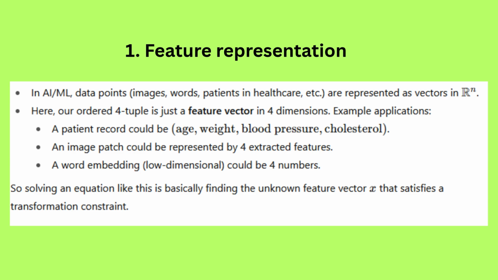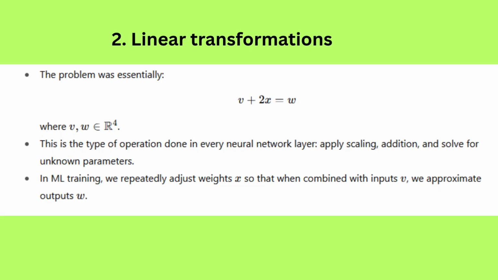So that being said, we also have linear transformations. The problem was essentially v plus 2x equals w, where v and w are 4-tuple vectors. This is the type of operation that is done in every neural network layer: applying scaling, addition, and solving for unknown parameters.